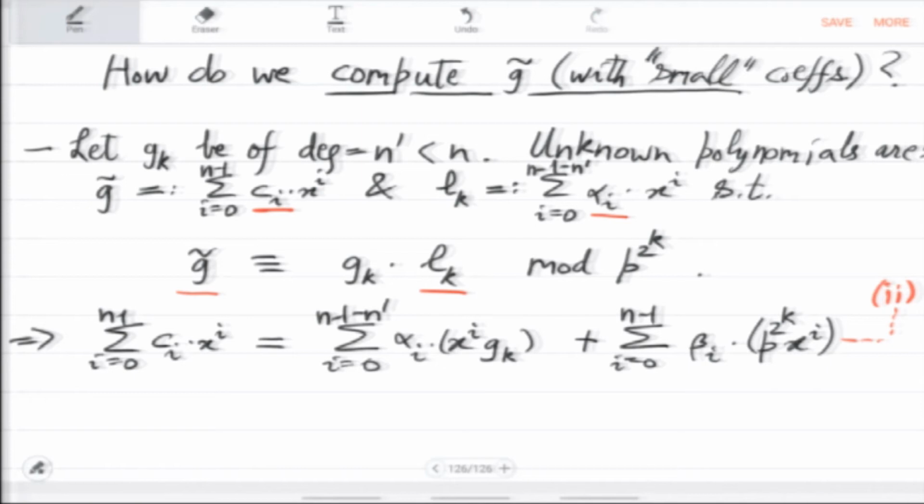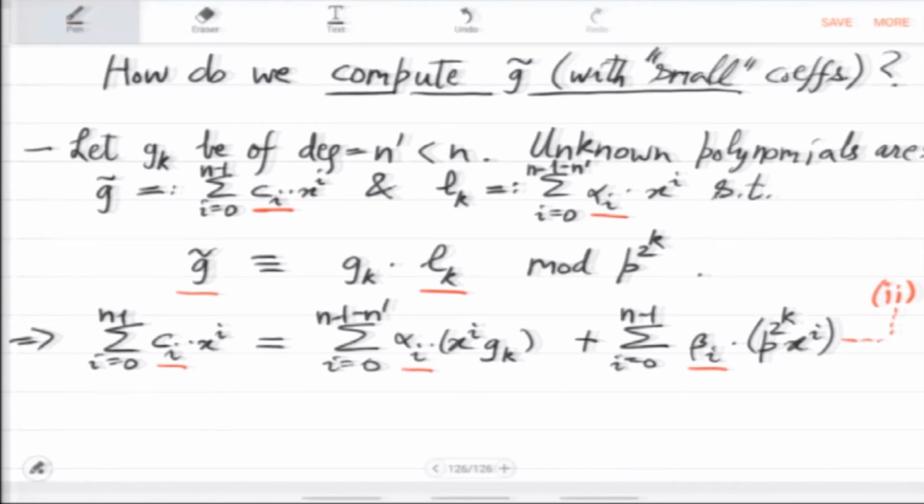Okay, so here the unknowns are Ci, alpha I, and beta I, and clearly they are roots of a linear system, and they are also integers. That is what we are looking for.